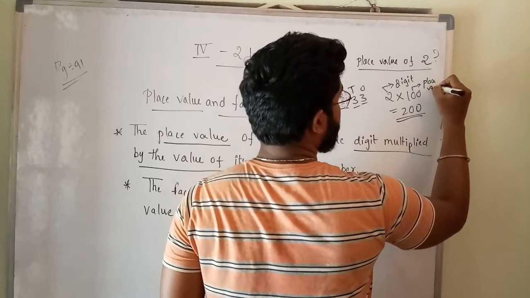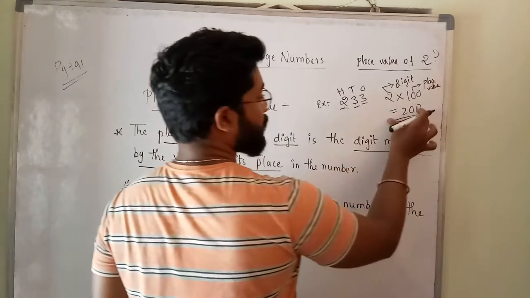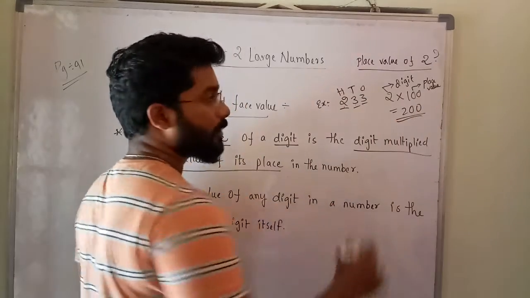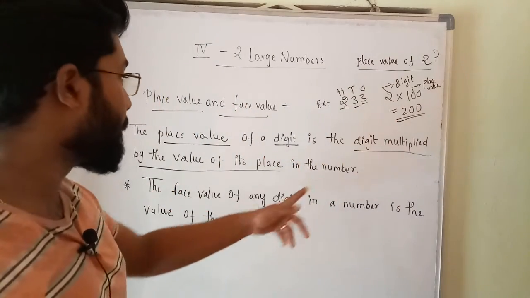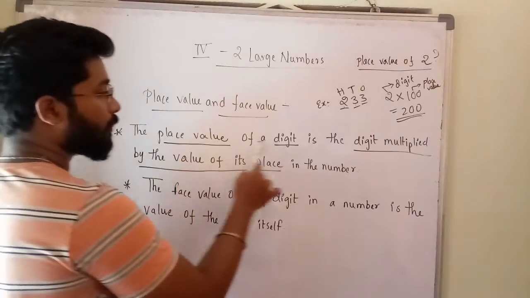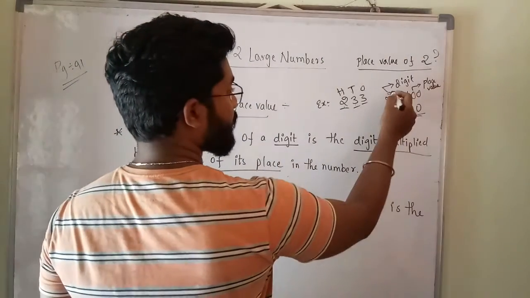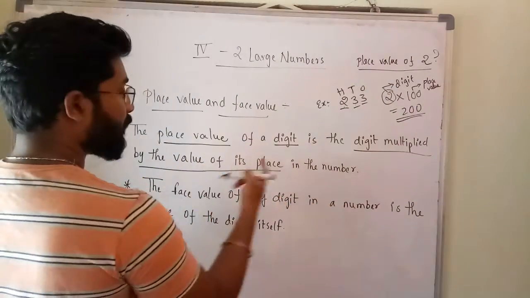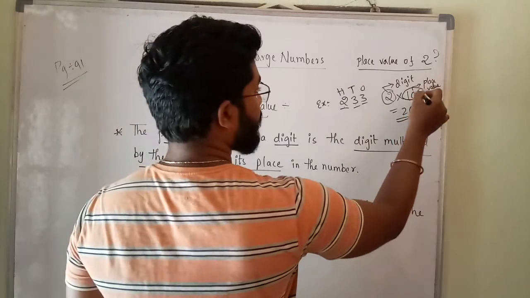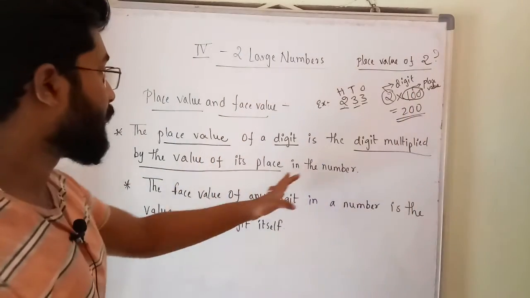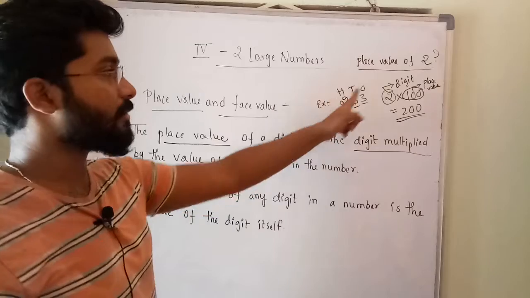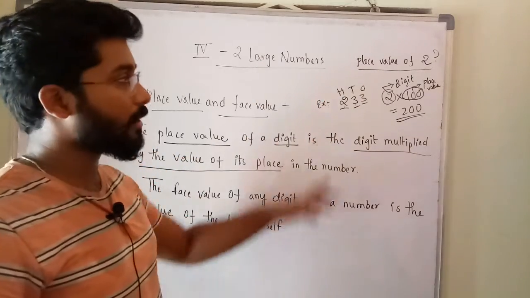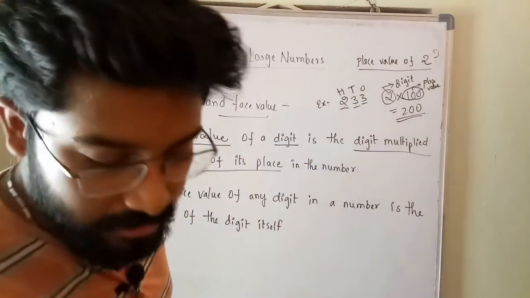The digit times the value of its place will give you the place value. Here we are talking about 2, so that is the example.